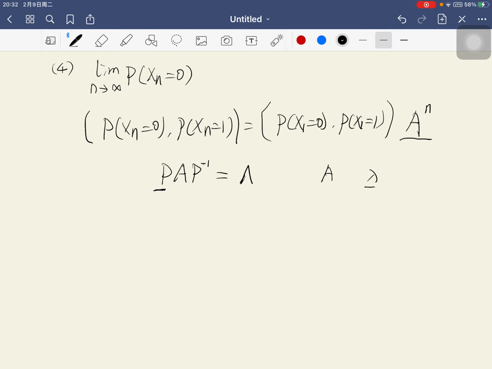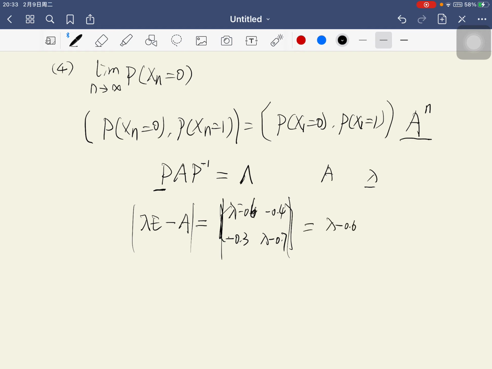The eigenvalues can be computed from lambda E minus A, which is the matrix lambda minus 0.4, minus 0.6, minus 0.3, lambda minus 0.7, and its determinant is equal to (lambda minus 0.4) times (lambda minus 0.7) minus 0.6 times 0.3, and this is equal to 0.